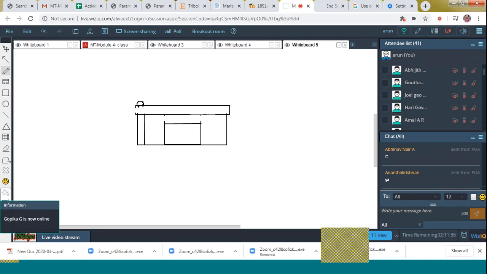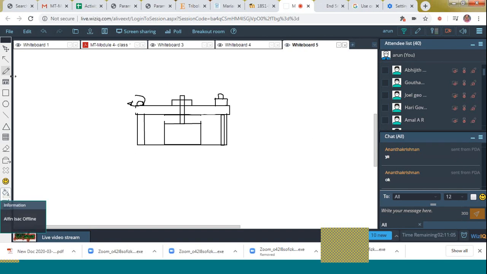By means of this one, it can rotate. And here it is locked by means of a nut and bolt. And it is arrested by means of a stud over here, which is also locked by means of a nut and bolt, like this.